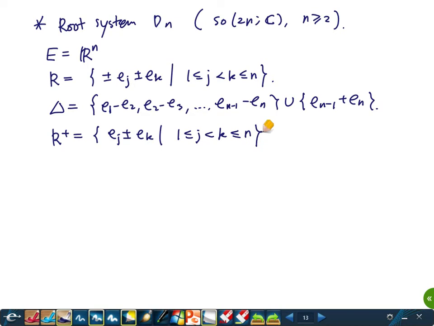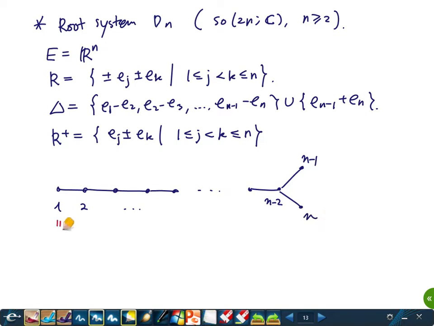Yeah, so in this section, I'm just going to tell you these systems without any proof, just a statement. So in this case, the Dynkin diagram looks like this. It's 1, 2, n minus 2, n minus 1, n. This corresponds to e_1 minus e_2. This corresponds to e_2 minus e_3.